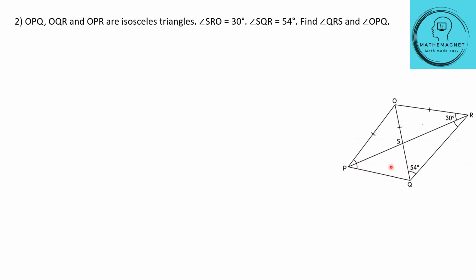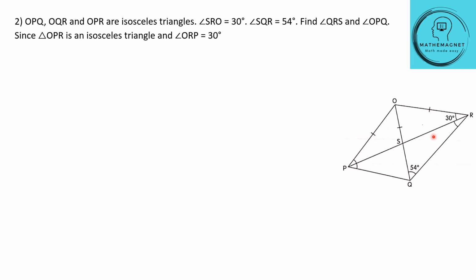Now over here they have told us that triangles OPQ, OQR and OPR are isosceles triangles. So let's start with triangle OPR. In triangle OPR, angle ORP is 30 degrees, which is given, and this is equal to angle OPR.